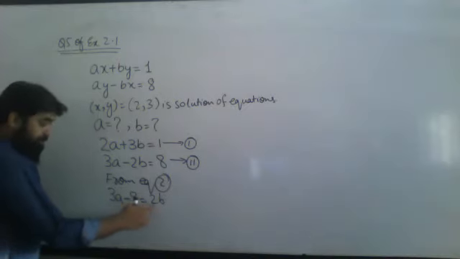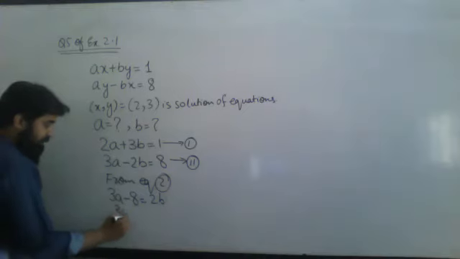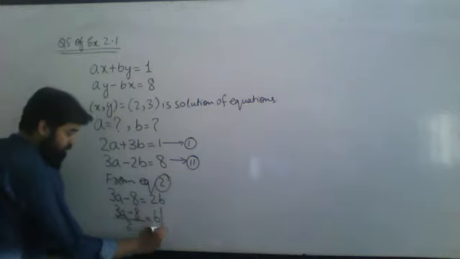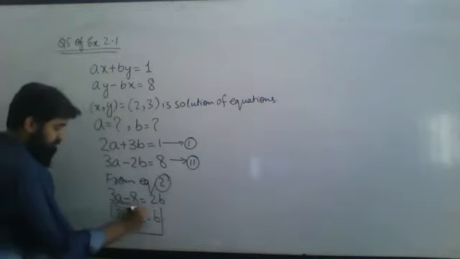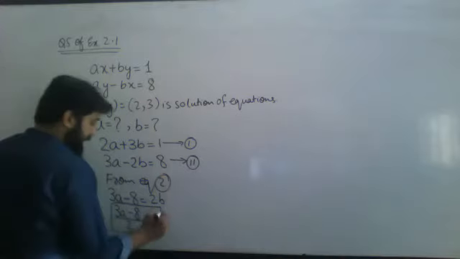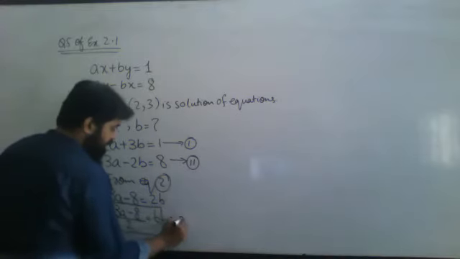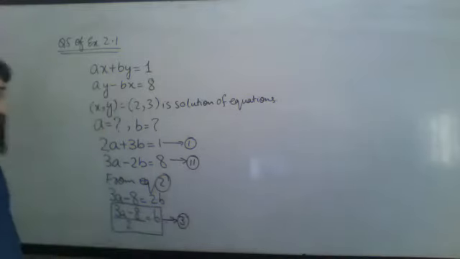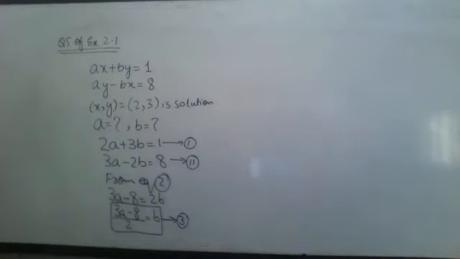Now 2 is being multiplied, so when I shift it over here, (3a minus 8) over 2 equals b. So b equals (3a minus 8) over 2. I'm making it my equation number 3.